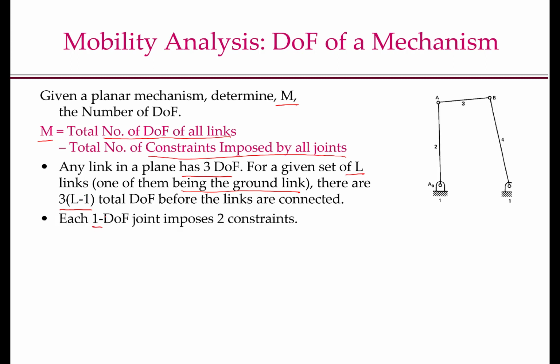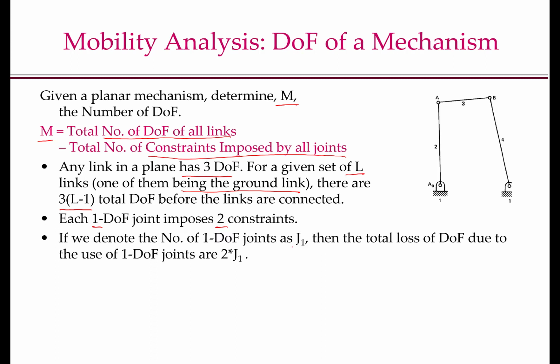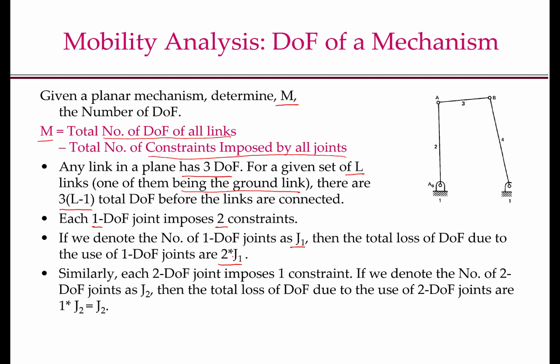Each 1 degree of freedom joint imposes 2 constraints. Therefore, if we have J1 1 degree of freedom joints, they impose 2 times J1 constraints. Similarly, each 2 degree of freedom joint imposes 1 constraint. Therefore, if we have J2 2 degree of freedom joints, then they impose J2 constraints.